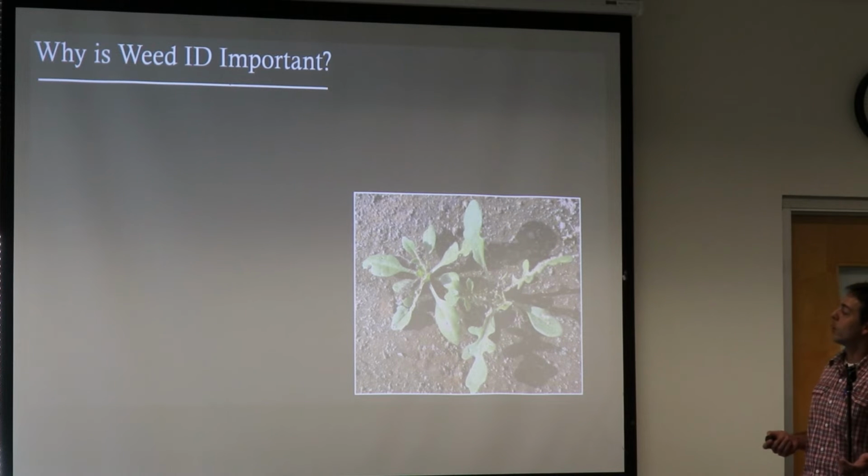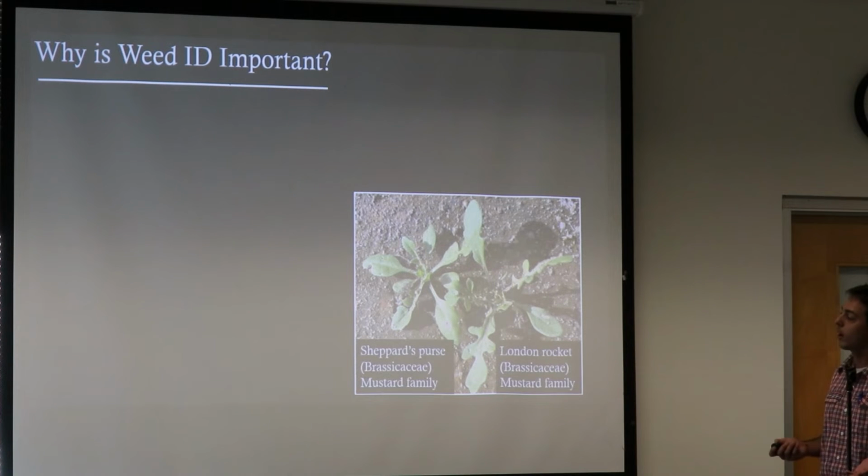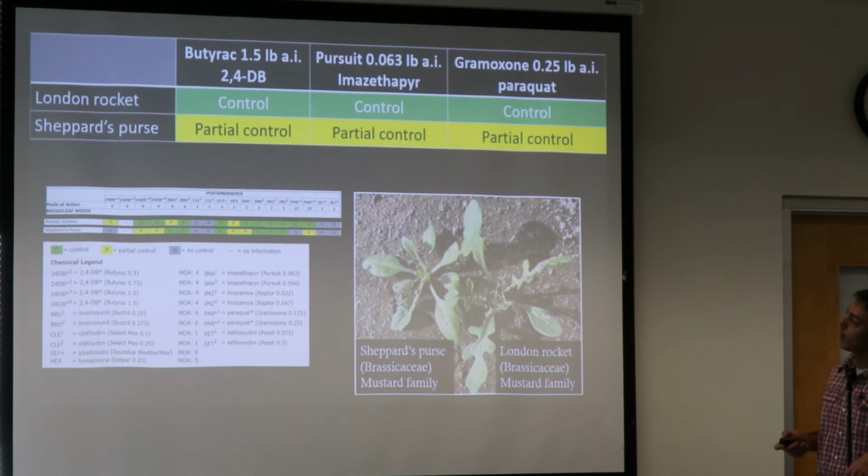Looking at these two weed species, they look very similar. The reality is that they are both from the mustard family, but the one on the left is shepherd's purse and the one on the right is London rocket. Let's say I was not able to tell that I had two different weed species, and I thought everything I had was shepherd's purse, and then I decided to apply these particular herbicides.